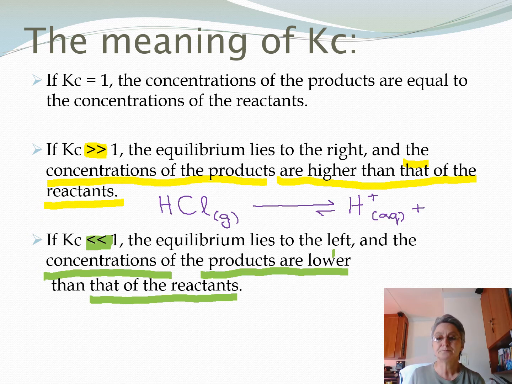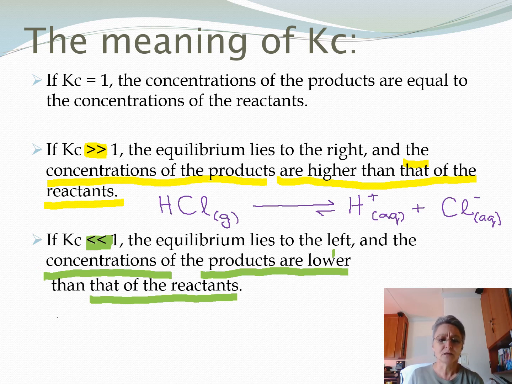So most of what you will have in the container at equilibrium will be hydrogen ions and chloride ions, and you'll have very few molecules of hydrogen chloride. So the equilibrium lies to the right, and I symbolize it using a longer arrow that points to the right than the other arrow. Still in equilibrium, but the equilibrium lies to the right. It's not important to use that type of arrow. It's just my way of explaining.